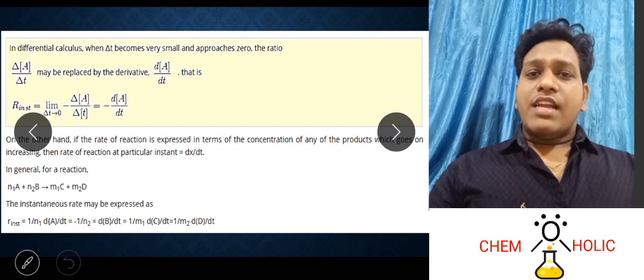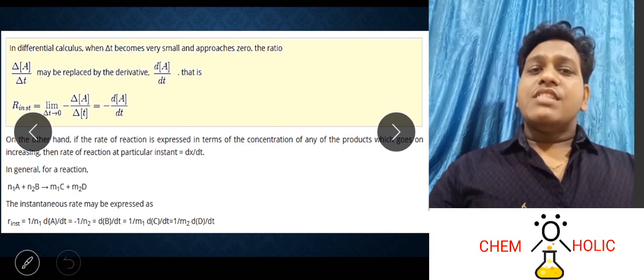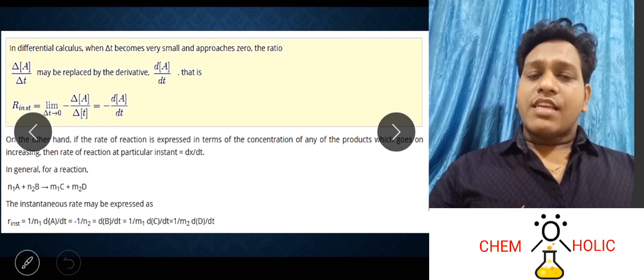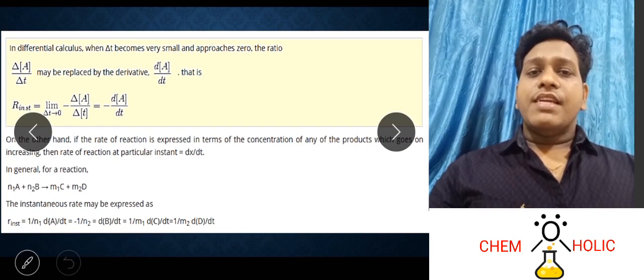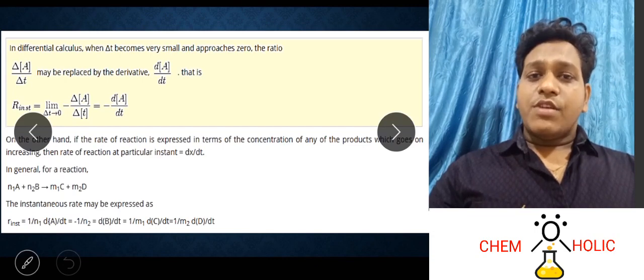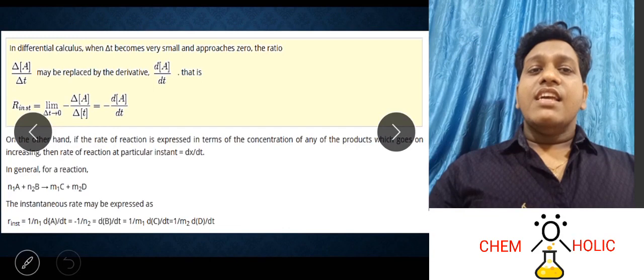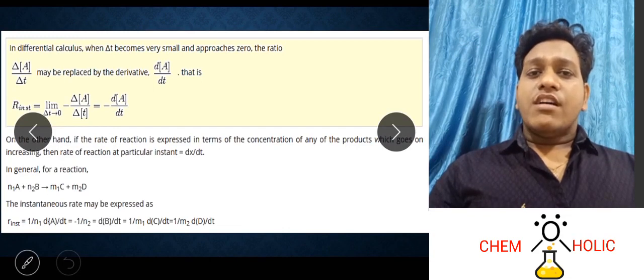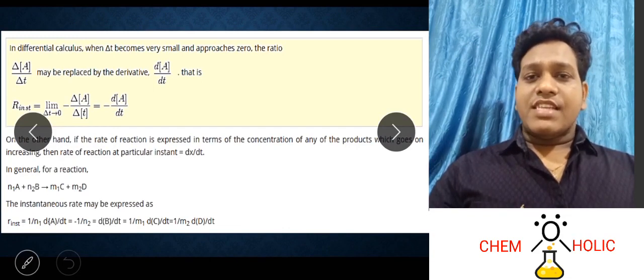So you can write the rate of instantaneous reaction equal to the limit delta t tends to 0, meaning the change in time is a very small time interval. After a very small time interval we are checking, that's why we can write minus dA by dt. The minus sign again indicates the consumption of reactant. Okay, reactants are getting consumed.